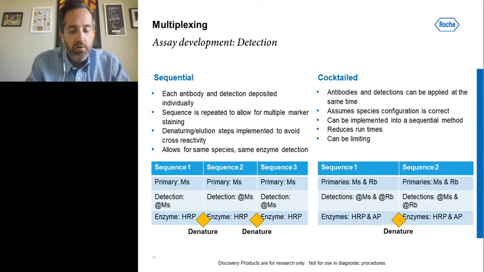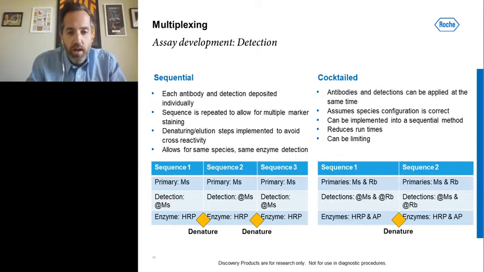This allows us to use the same species, same enzyme detection. So as you can see in this diagram, we can use all mouse primary antibodies, and we can also use all HRP enzymes to drive the chromogenic reactions, just by applying those denaturing steps in between each sequence.